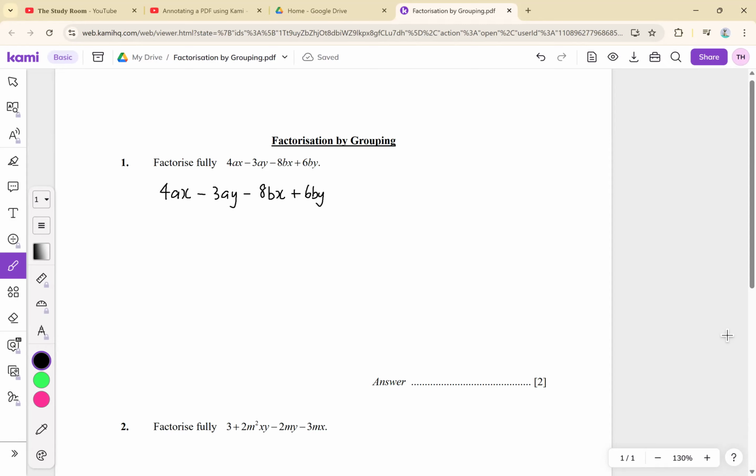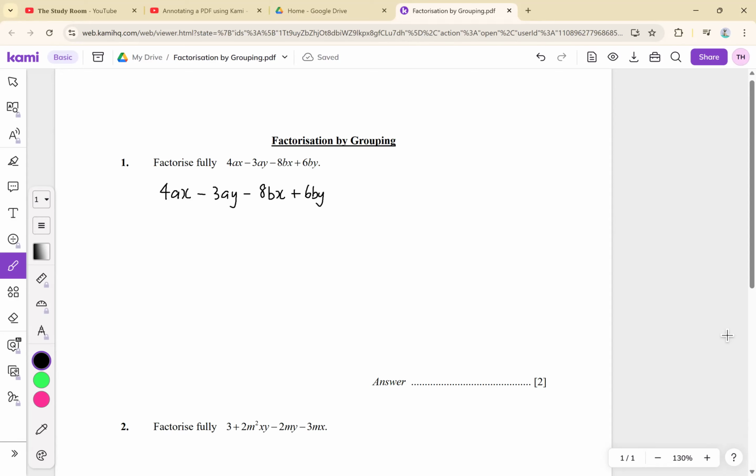The second thing to look out for is that you will not be able to find a common factor between all the four terms. What do I mean by this? If you look at the coefficients, we have 4, 3, 8, and 6. There's no highest common factor that you can remove from these four numbers. You can't take out 2 because 3 is not divisible by 2 to get a whole number.